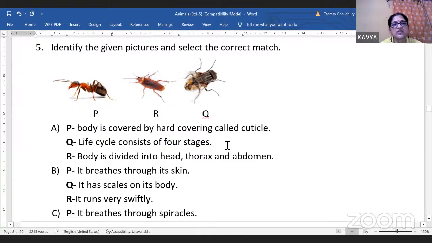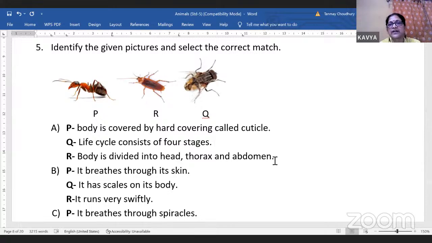Life cycle consists of 4 stages. Q, life cycle consists of 4 stages. Housefly, like all insects, has a body divided into head, thorax, and abdomen. That is a characteristic feature of all the insects. So this answer is correct.